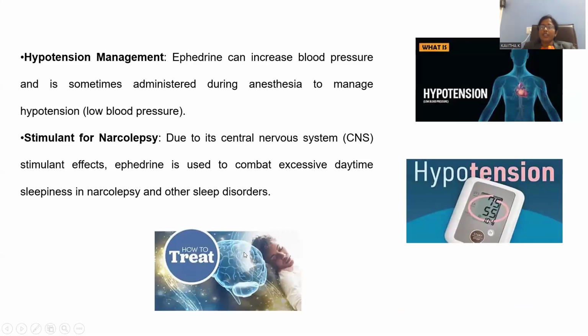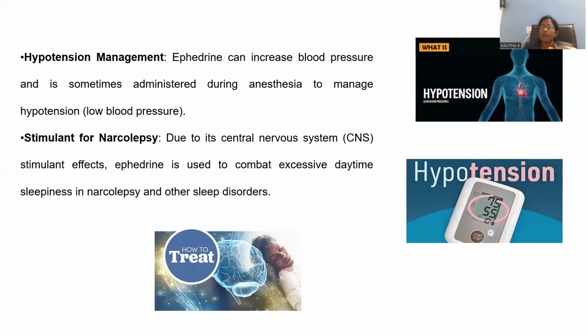Next is hypotension. Hypotension is the condition whenever people are suffering with low blood pressure. Pumping is very slow compared to the optimum level. Whenever we have 120 by 80, that is the optimum required level for a healthy adult human, right? So if the levels are less than that, hypotension is the condition that people are facing.